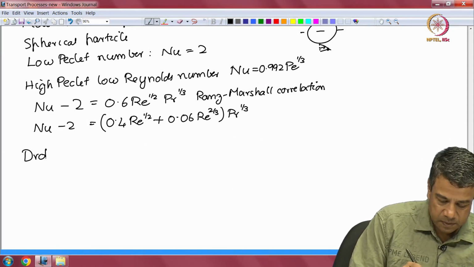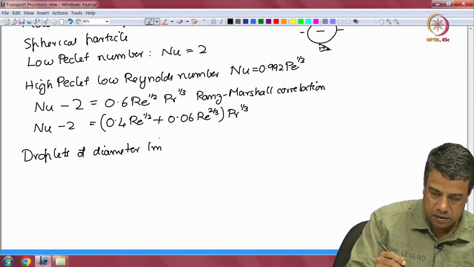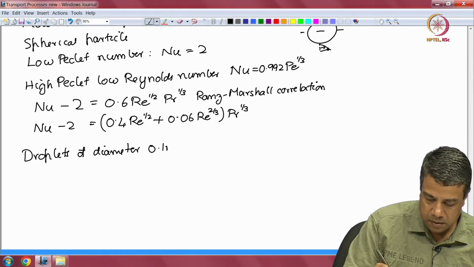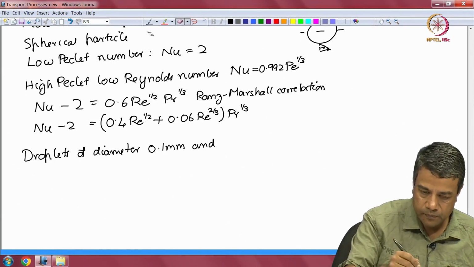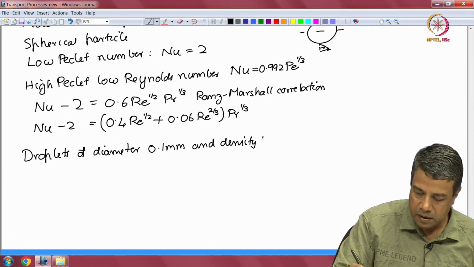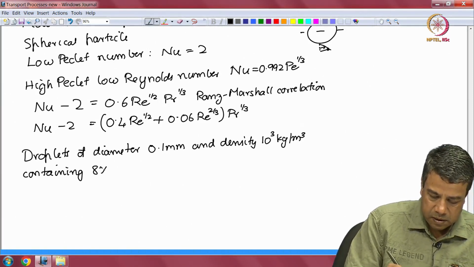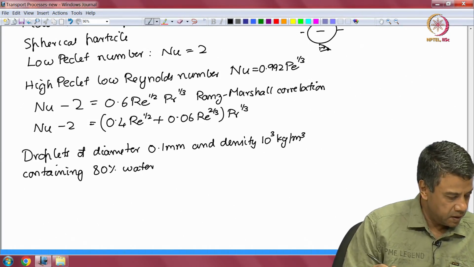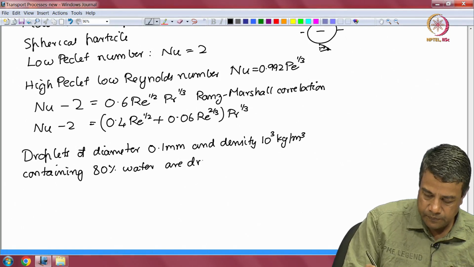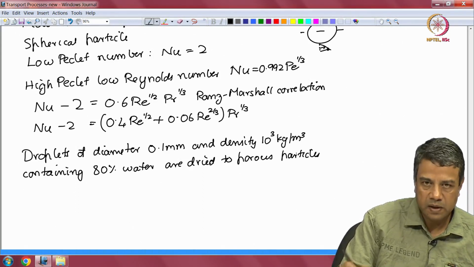So, specifically droplets of diameter 0.1 millimeter, and density 10^3 kg per meter cubed, containing 80 mass percent of water, are dried to porous particles of the same diameter.